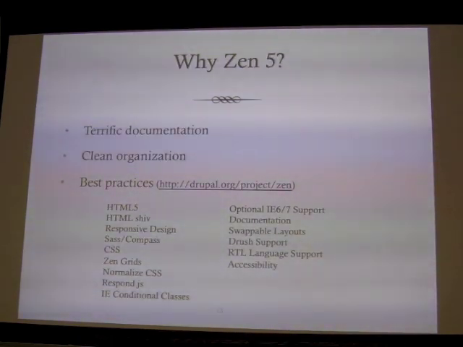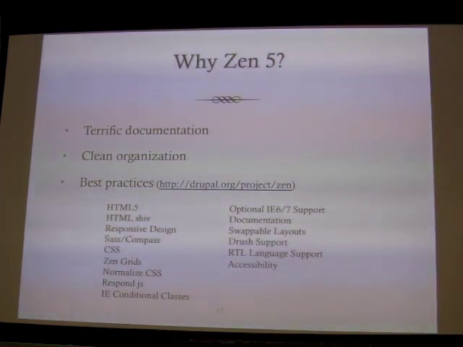So John has done a tremendous job really documenting everything. His code is extremely well commented. And I've actually learned a lot about Drupal theme just by reading the comments in his code. Secondly, he puts a lot of thought into how he organizes files and where he puts things, and I appreciate his organization. And then he incorporates a lot of best practices.